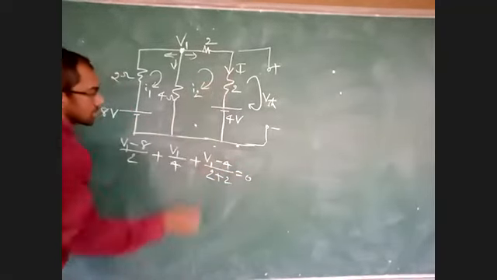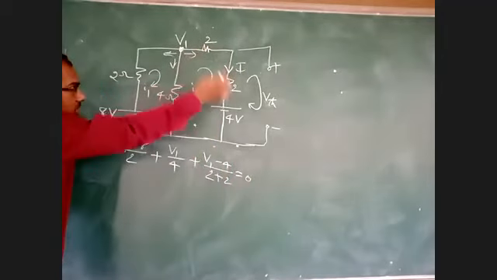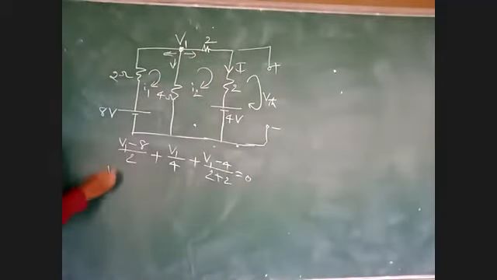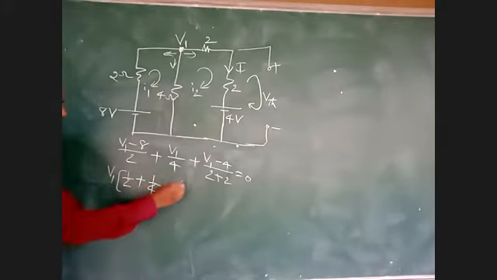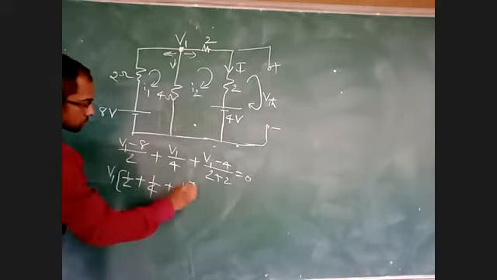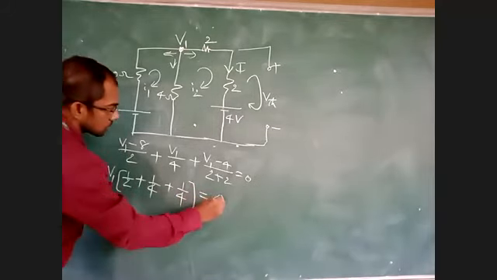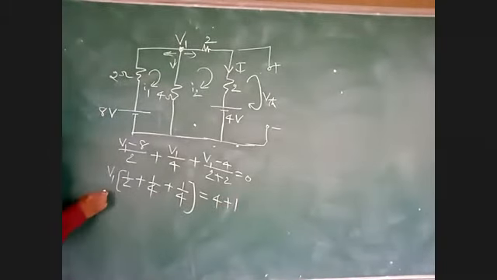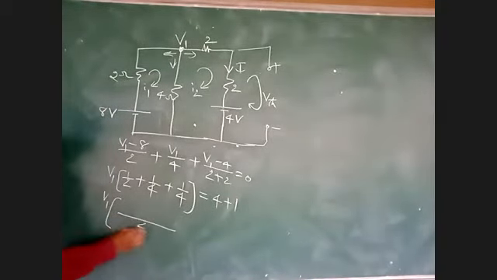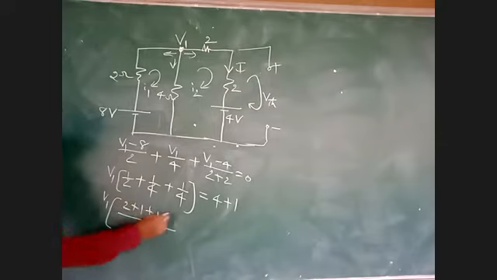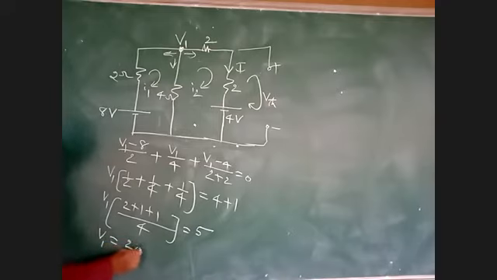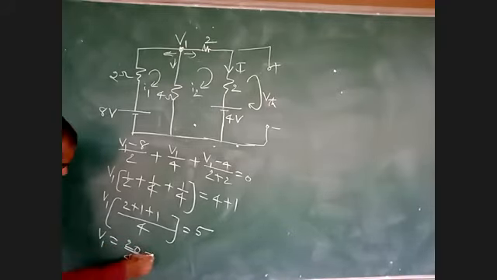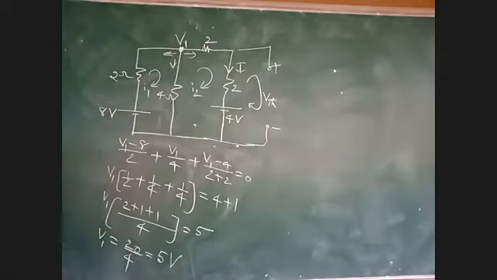These 2 and 2 are in series. Whatever current flows in this one, the same current will flow here. That is your node voltage.